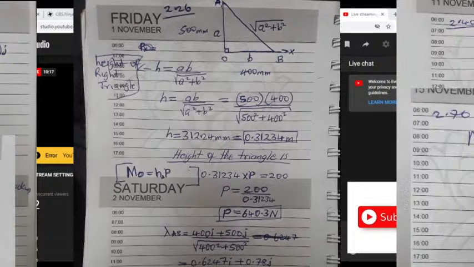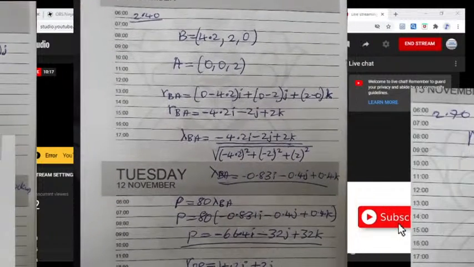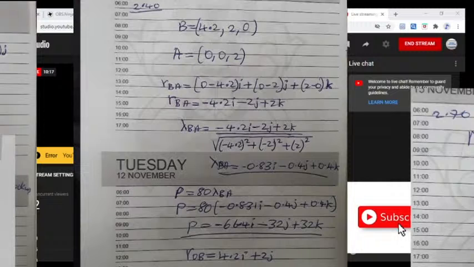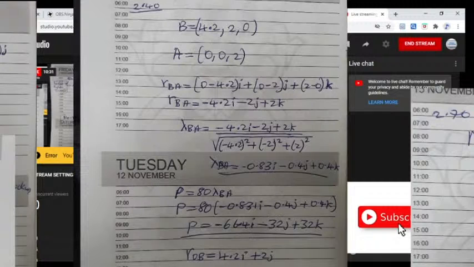Yes, I thank God there is network. Yes, there it is. 2.4. Did I grab 2.4? Yes.